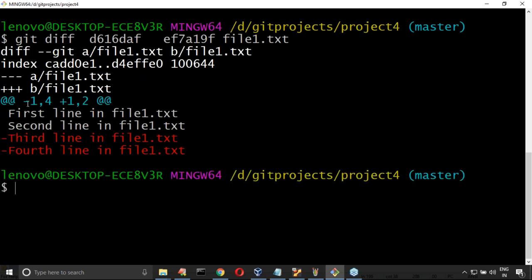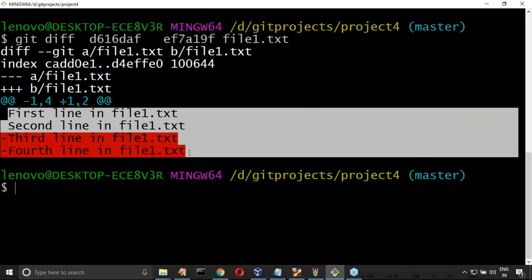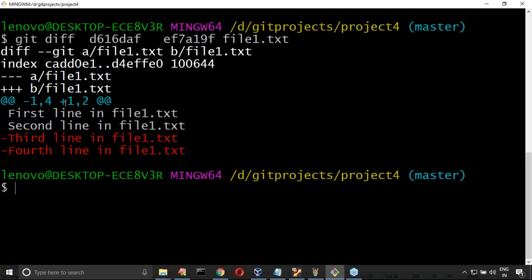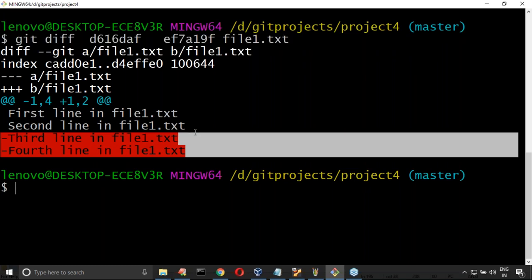In the source copy it is 1 to 4, in the destination copy 1 to 2. In the destination copy, these 2 lines are removed. Are you feeling comfortable? If I change the order, then automatically we get the reverse.